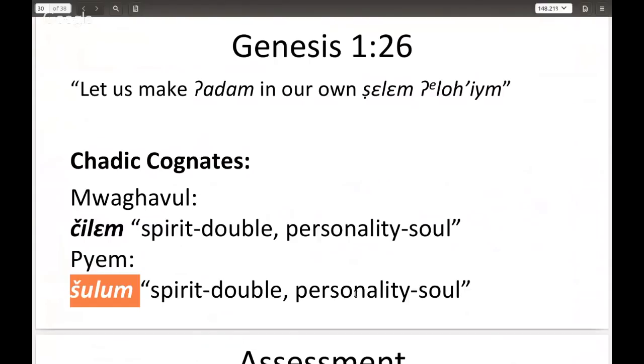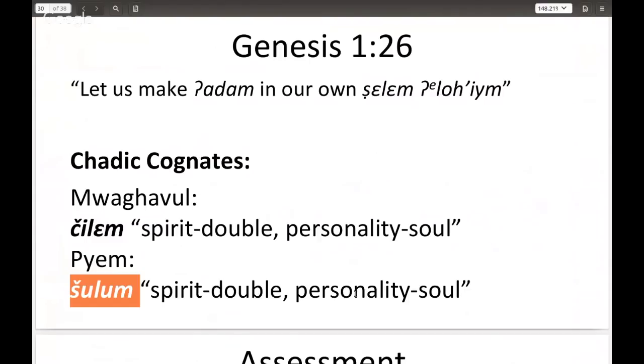But that's not really the case, because this word has to do with a personality type, a spirit double. And so when it says let us make Adam, remember Adam, well, it depends on which verse you read, because in one verse Adam is singular, and then in another verse Adam is a group of people.